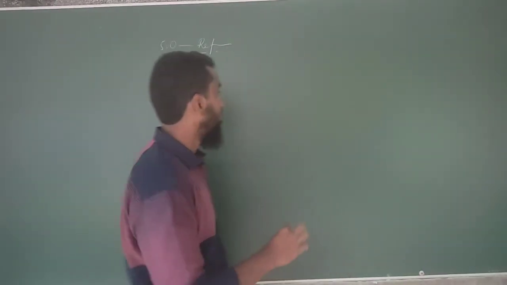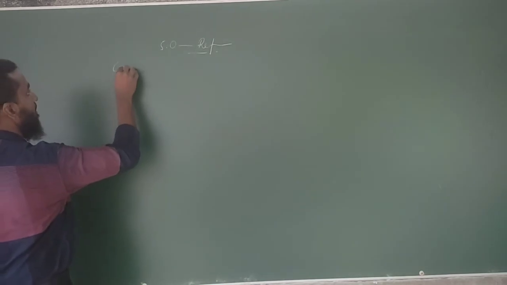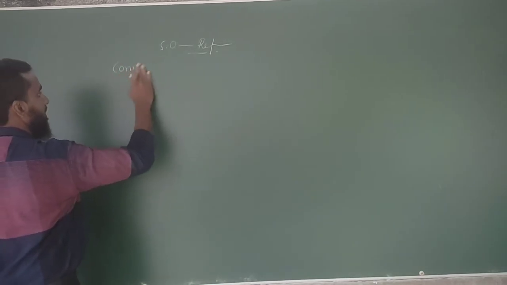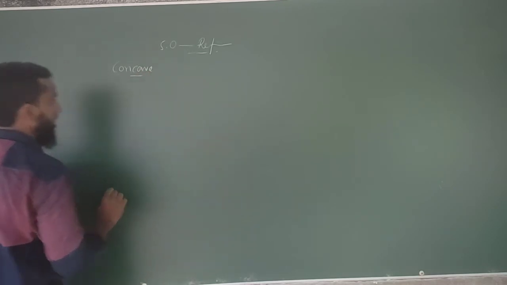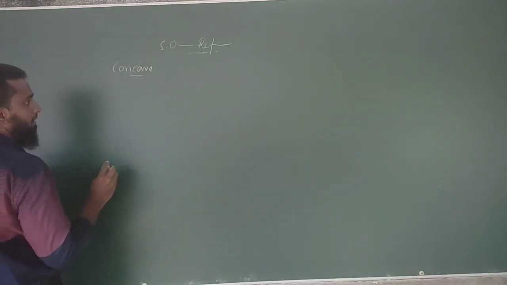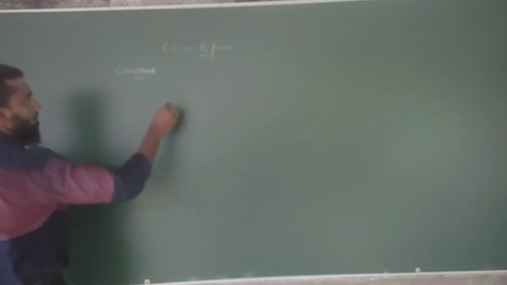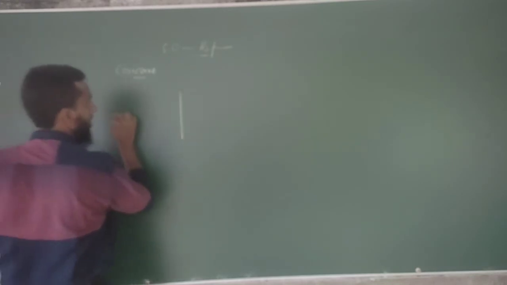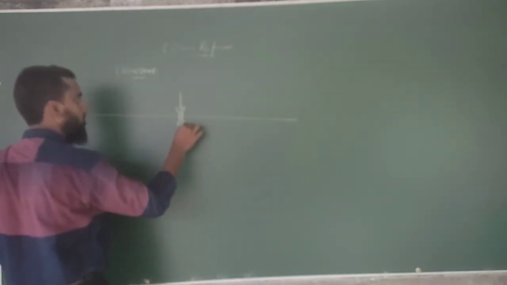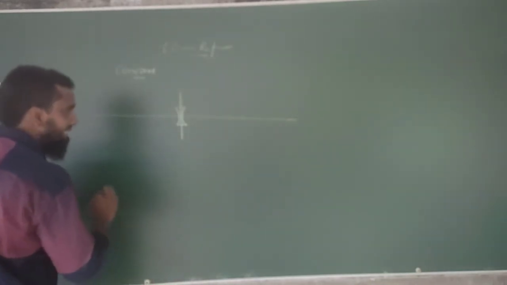Right? For the concave, you have only one ray diagram, right? For any position of the object, you are going to get a similar type of image, right?